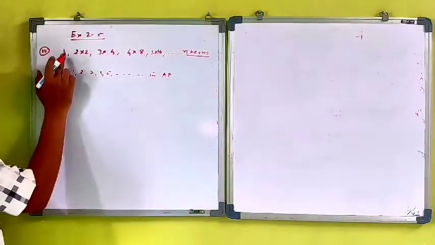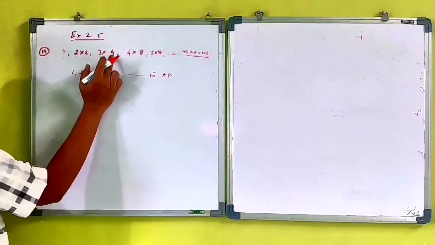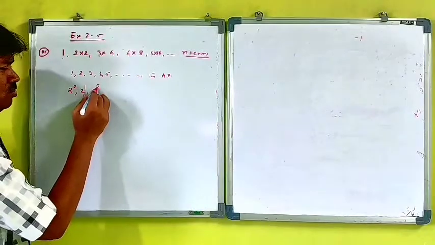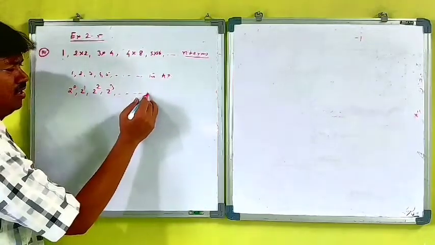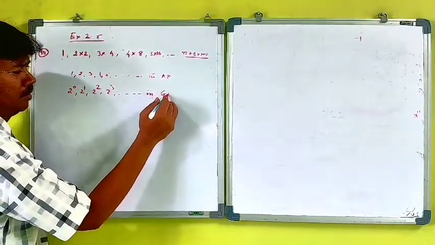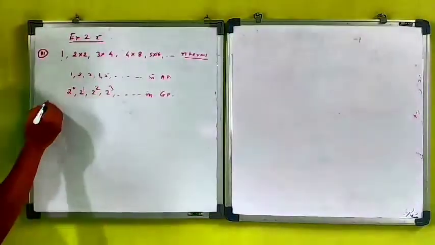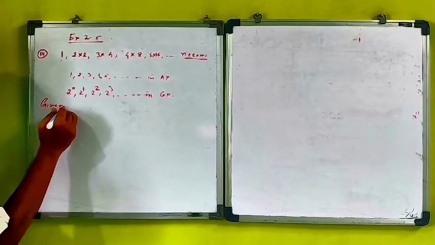The next factors are 2 raised to 0, 2 raised to 1, 2 squared, 2 cubed, in geometric progression. So the given sequence is in APGP form.